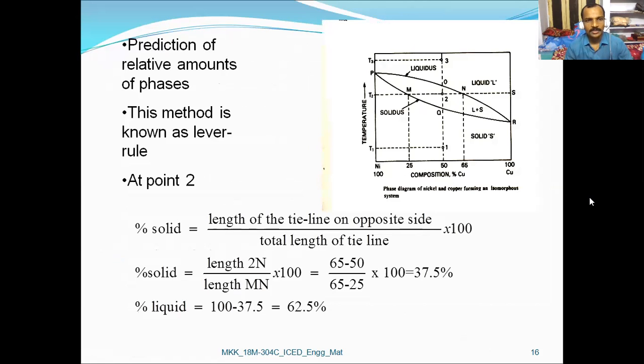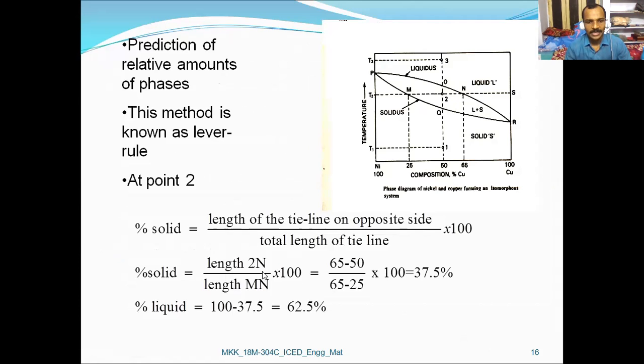So here, prediction of relative amounts of phases, which is known as lever rule, and at the point 2, percentage of solid can be calculated as length of the tie line on opposite side by total length of the tie line into 100.